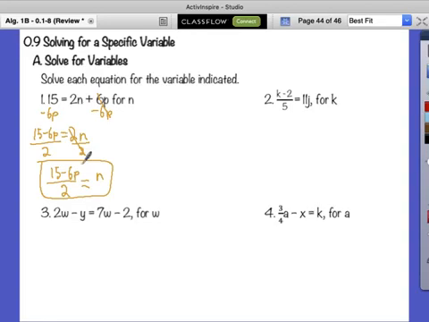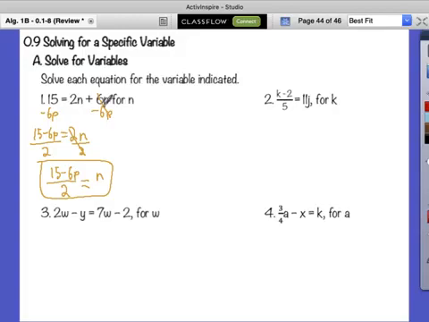Questions on that? So that's the answer. If you're struggling sometimes with what do we do first, a good helpful hint is to do what I do. Cover up your other variables that you don't need and say, okay, if I was just adding 6, what would I do? I subtract it. So in this case, if I'm adding 6p, I'm going to subtract 6p.